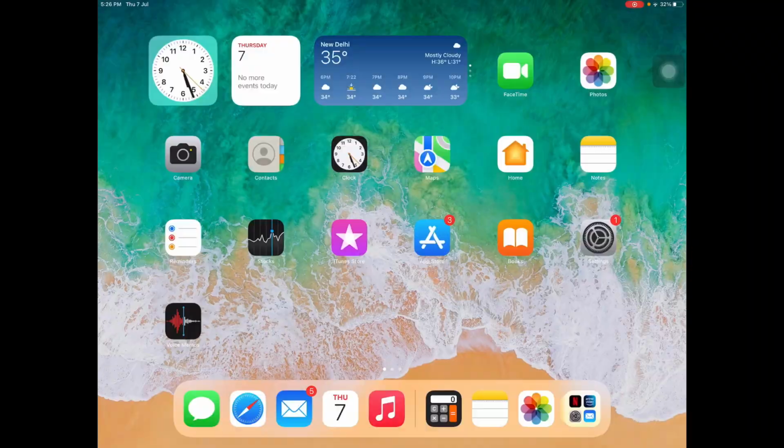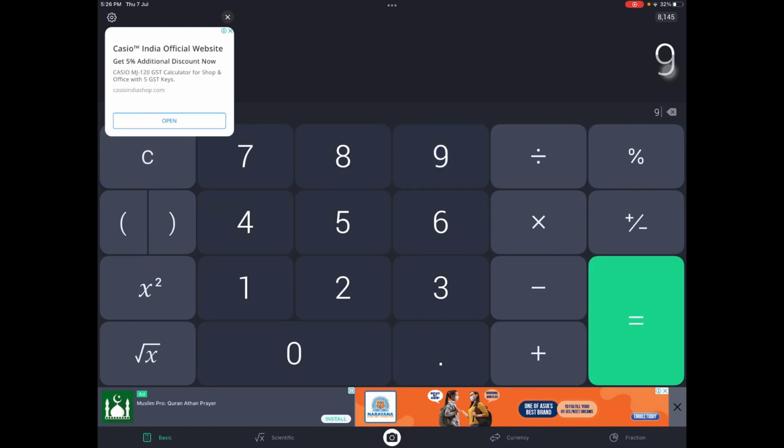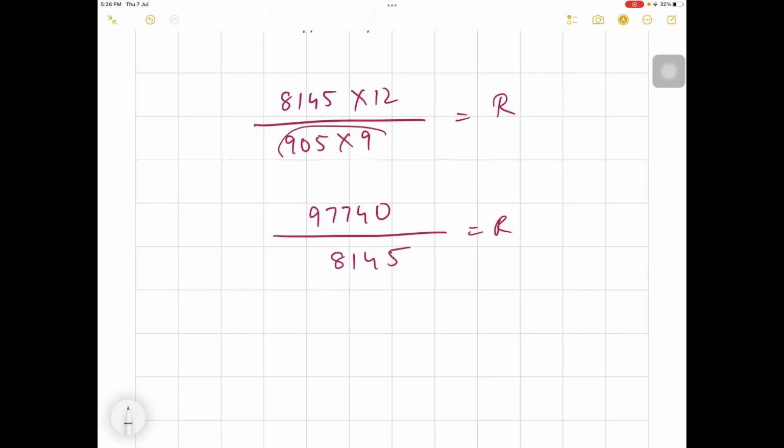It comes to 12. See, the denominator is 8145, so 8145 and 8145 cancel, and 12 is remaining.